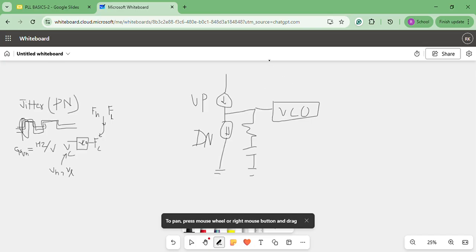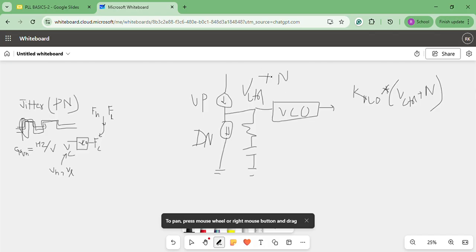Any noise which is fed through this V control voltage can be passed on to the VCO. Suppose some noise factor n gets added here. If we consider the DC frequency as 0, the final FVCO output is KVCO times V control plus n, where n is noise.